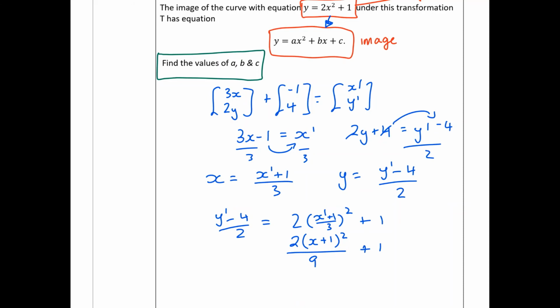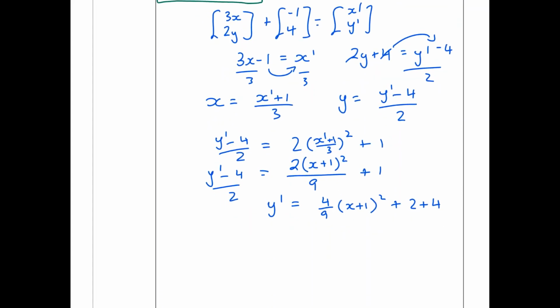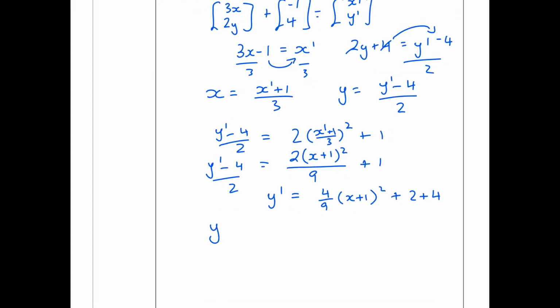This is plus 1. And on my left-hand side, I've got (y dash minus 4) on 2. If I multiply everything on the right by 2, y dash equals 4 over 9 (x plus 1) squared, plus 2. And if I add that 4, I'll have a plus 4. So we can see here that the final image, y is equal to 4 over 9 (x plus 1) squared, plus 6.